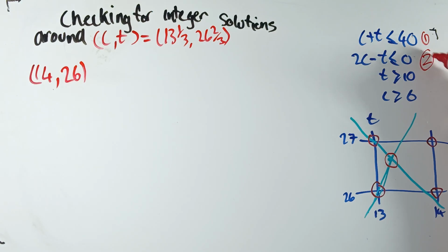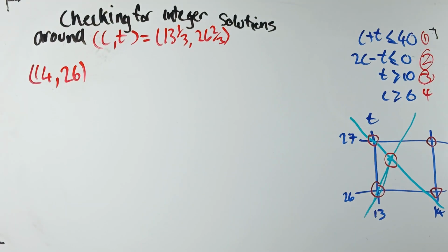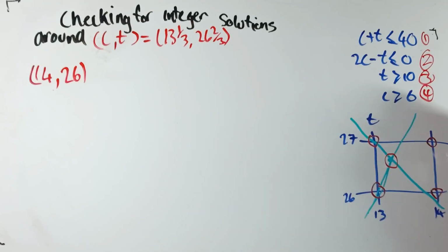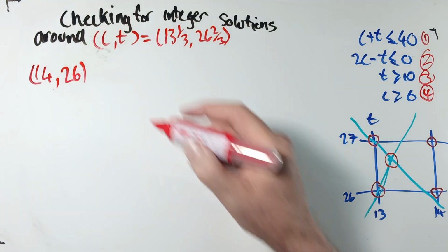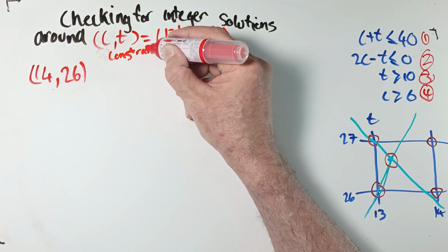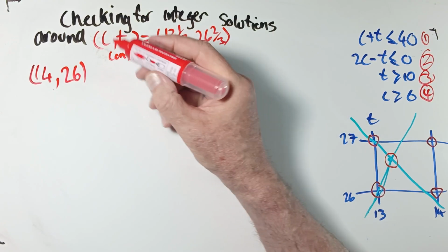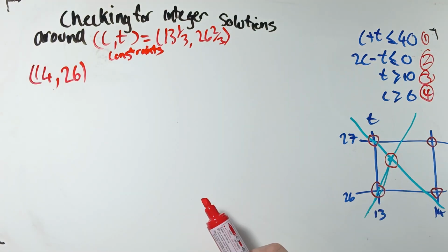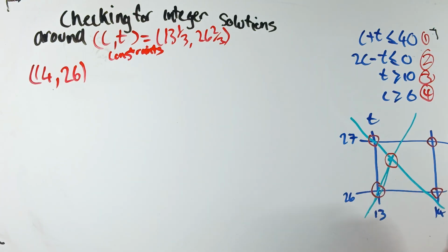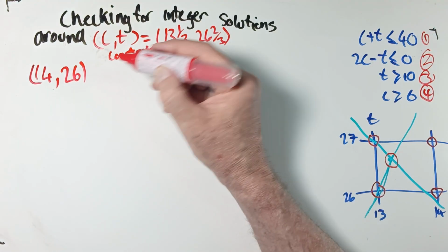This is 1, 2, 3, 4 of my original constraints here. So does it satisfy 3 and 4? Yes, it obviously does. Those were all off to the side, but yes.